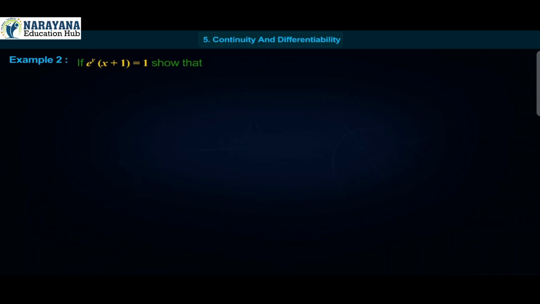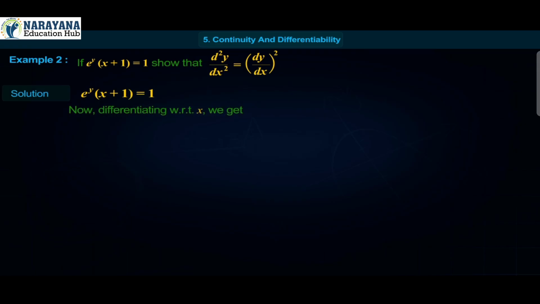Example 2. If e raised to y into x plus 1 is equal to 1, show that d square y by dx square is equal to dy by dx whole square. Solution. e raised to y into x plus 1 is equal to 1.